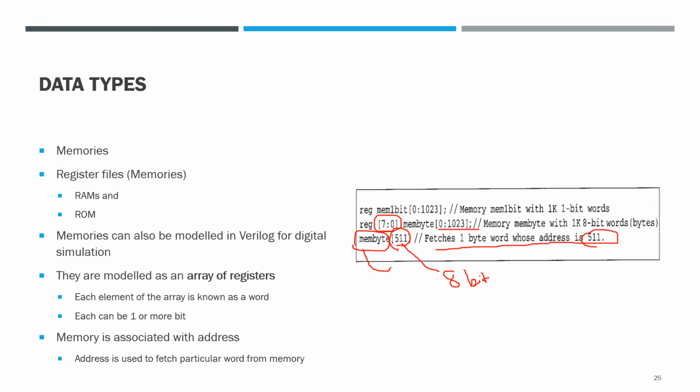So in mem byte, what is at location 511? That is what we are specifying. Don't compare it with the physical address bus. What we are specifying is indirectly the index of that element in that array.